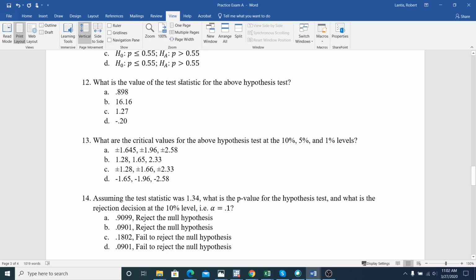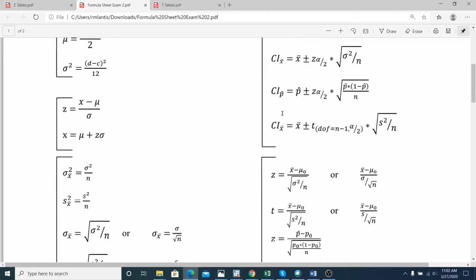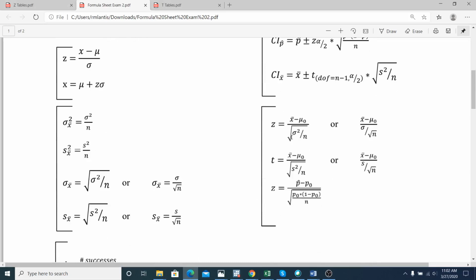Okay? So for the next couple of questions, I'm just going to answer by drawing on the board, but we're looking for the test statistic, we're looking for critical values, and I'll use some assumed true values here, but using these, I'll determine whether or not we can reject, right? So I go to my formula sheet. I've got 3 equations for test statistics, right? Here is one where I'm looking at sample proportions, so I'm going to use this one.